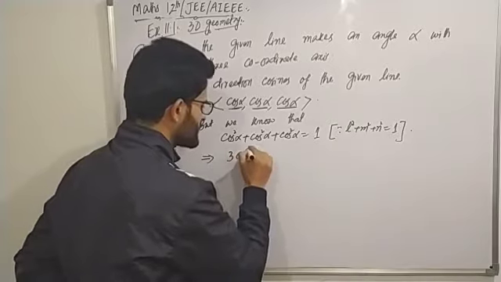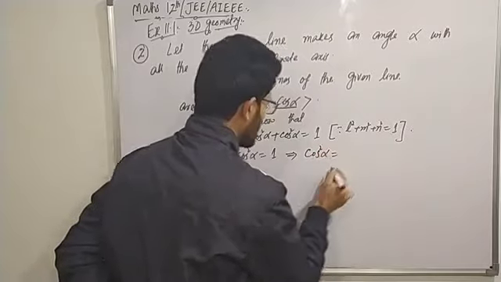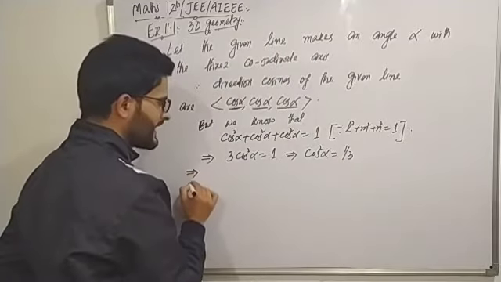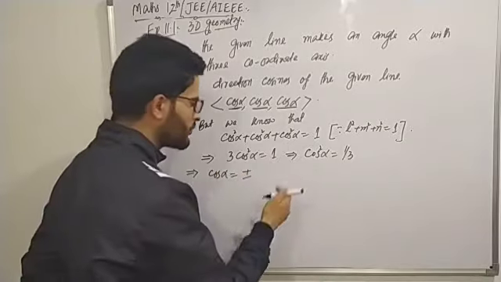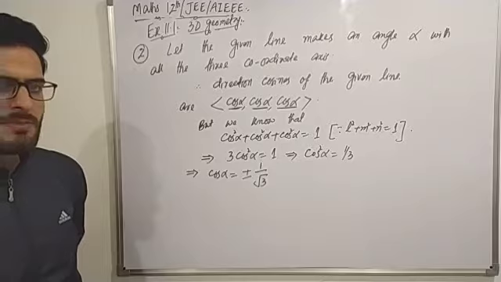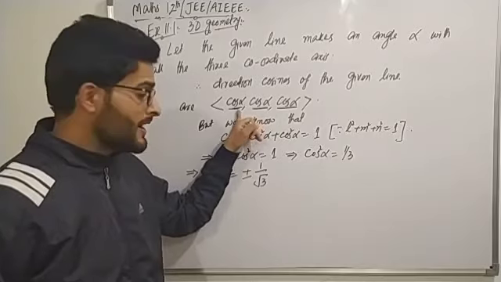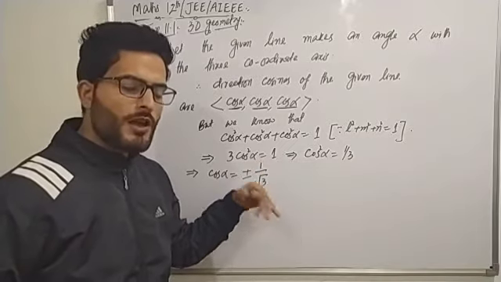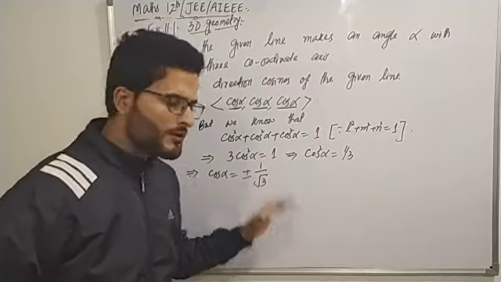So 3 times cos square alpha is equal to 1, which implies cos square alpha must be equal, 3 multiple है तो उस साइड में डिवाइड होगा, so 1 divided by 3, which further implies that yes, cos alpha must be equal to plus minus square root. तो square root of 1 is 1, divided by square root of 3. तो cos alpha का वैल्यू आ रहा है plus minus 1 divided by square root 3. और यही cos alpha इस लाइन के डायरेक्शन कोसाइनस है. तो या इस लाइन के डायरेक्शन कोसाइन होंगे प्लस 1 by square root 3, प्लस 1 by square root 3, प्लस 1 by square root 3 ऑर्डर 3 टपल, या होगा ऑर्डर 3 टपल ऑफ माइनस 1 by square root 3, माइनस 1 by square root 3, माइनस 1 by square root 3.